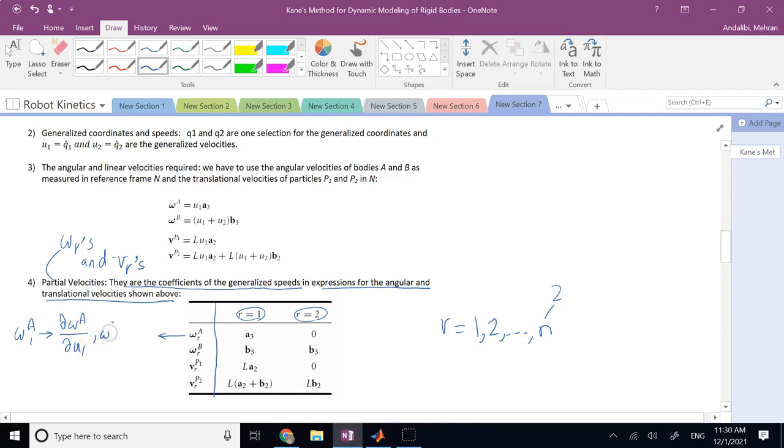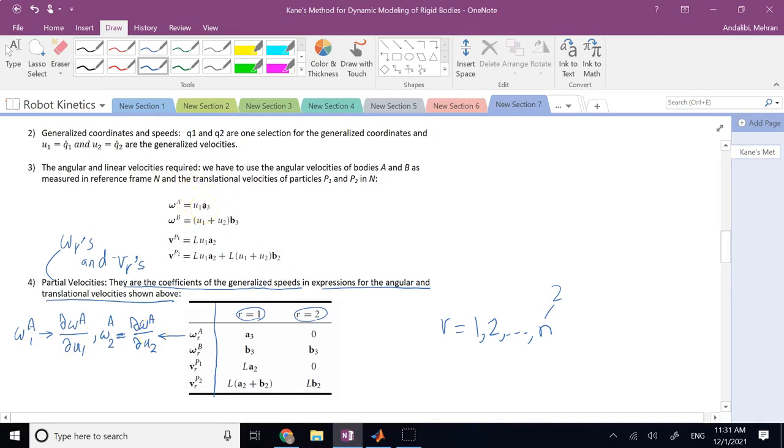And omega A number 2, you can write it as partial derivative of omega A with respect to u number 2. Or the coefficient of it, really, because they are all linear terms. If they are not linear, you have to use partial derivatives, but they are linear.